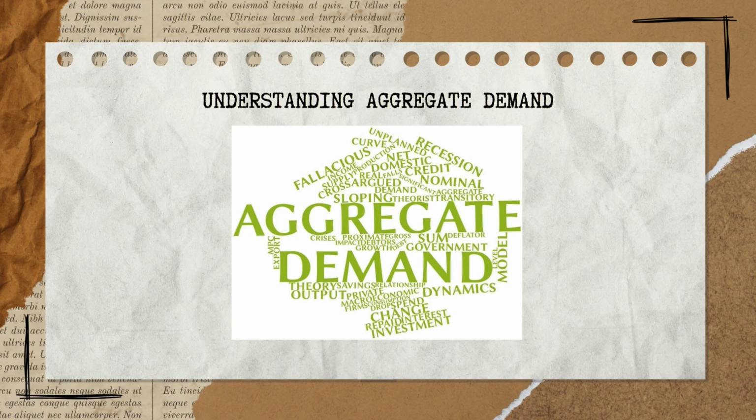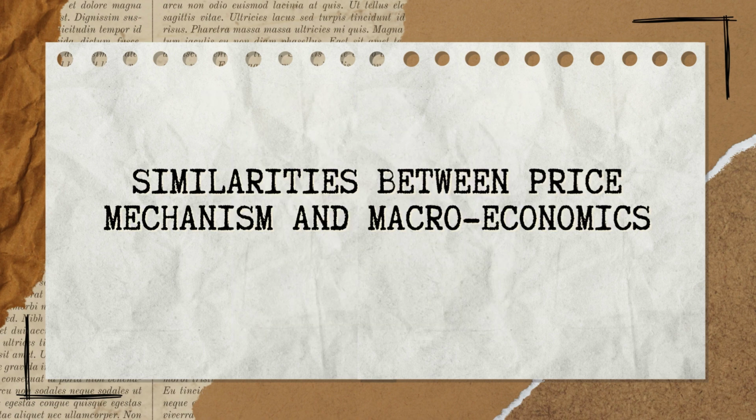So if I just introduce a very new and strange term, you guys would feel that this is very alien and you might have trouble understanding. So I'm going to illustrate this to you by correlating price mechanism and macroeconomics. More often than not, price mechanism is the first chapter, okay, maybe central economic problem, but other than that, price mechanism is the first topic that every JC student learns in their economics syllabus.